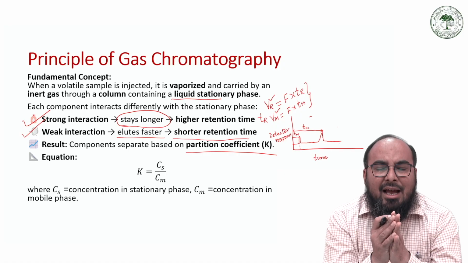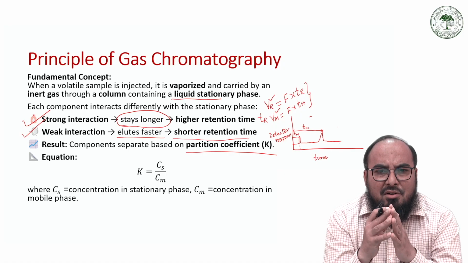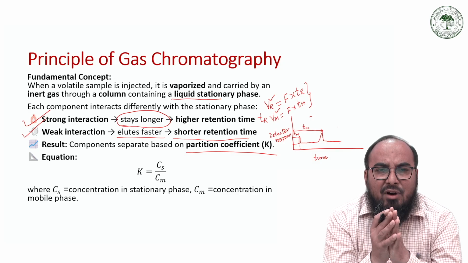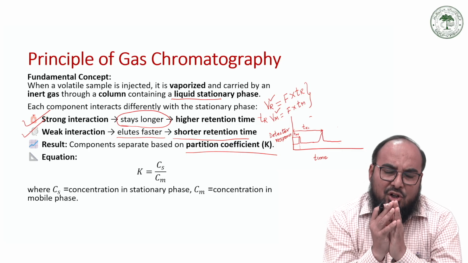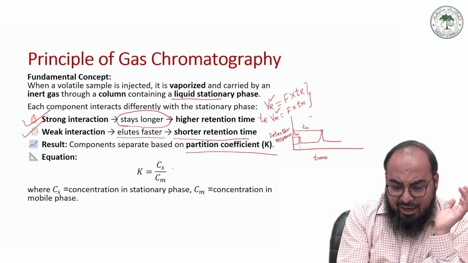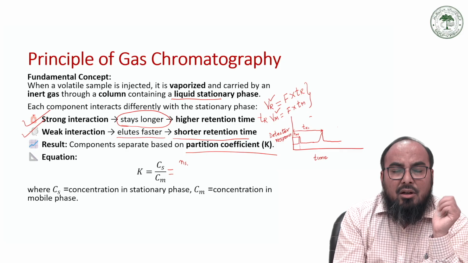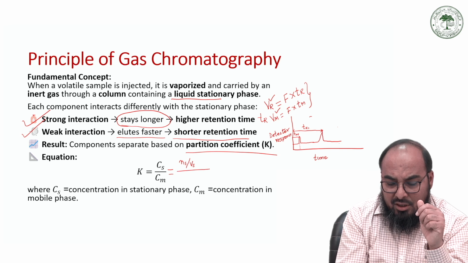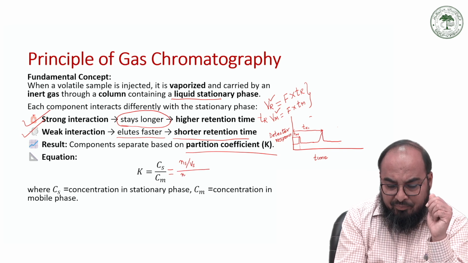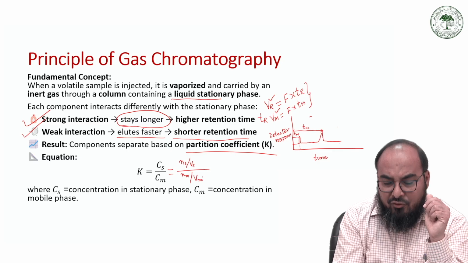can be simply defined as Cs upon Cm, that is the molar concentration of your analyte in the stationary phase divided by the molar concentration of your solute in the mobile phase. So you can also define it like this: number of moles of solute in the stationary phase divided by volume of the stationary phase, divided by number of moles of solute in the mobile phase upon volume of mobile phase.